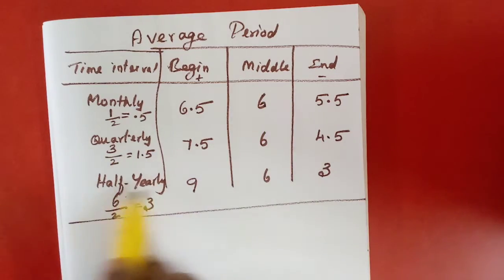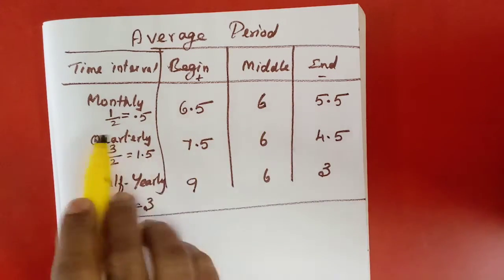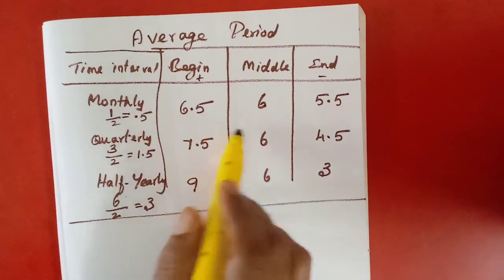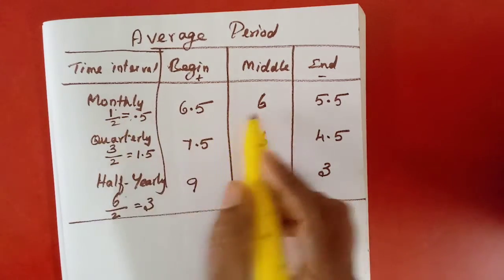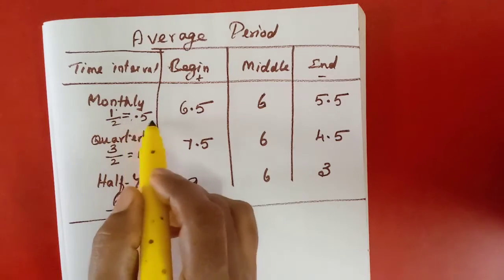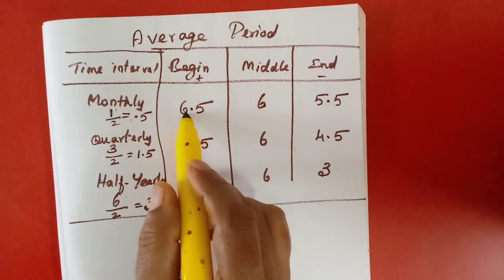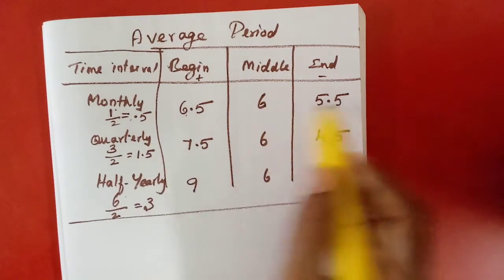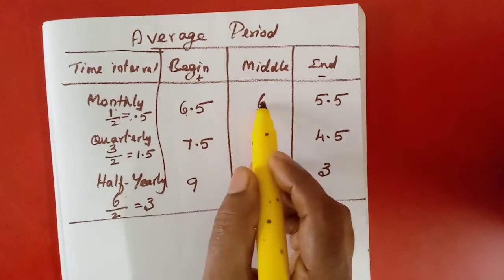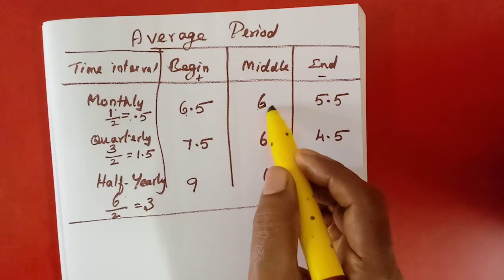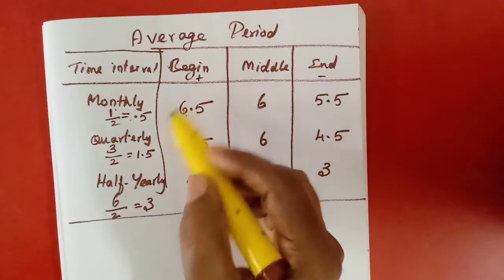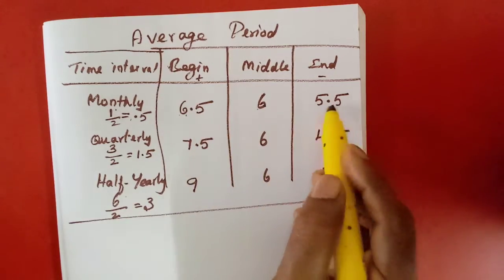If it is quarterly or half-yearly, each one has one problem also; you will understand that. If it is monthly, that month divided by 2 is 0.5. You add it for the beginning and subtract it for the end. Here 6 plus 0.5 is 6.5, and if you deduct that 0.5, we get 5.5.